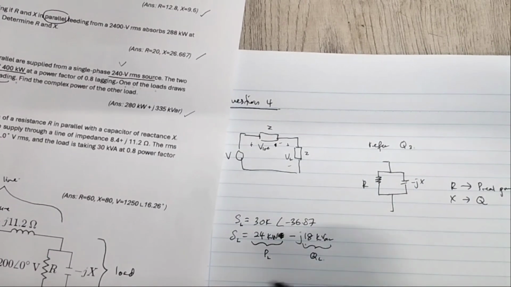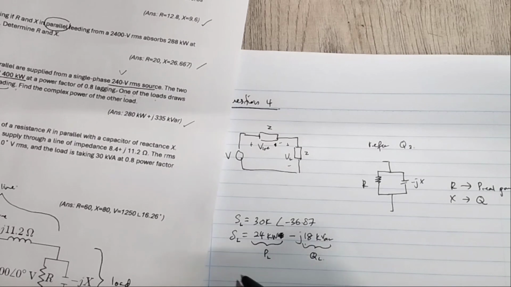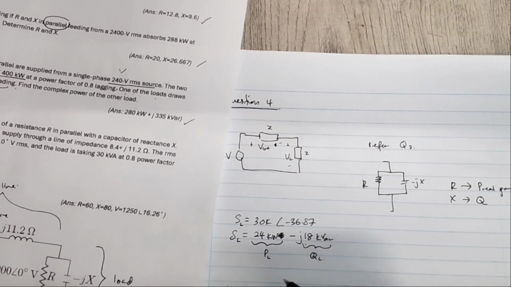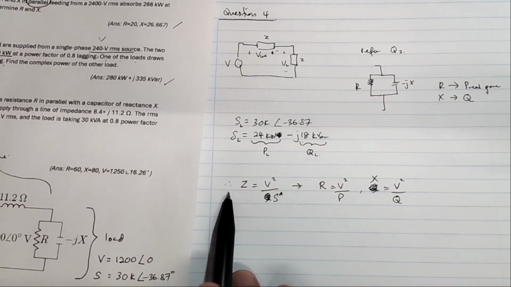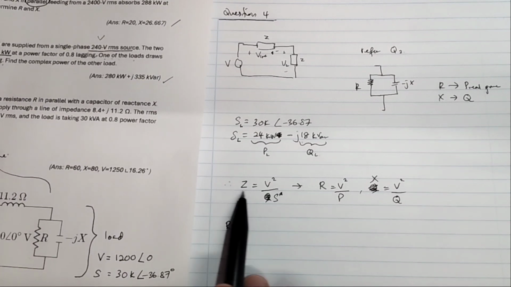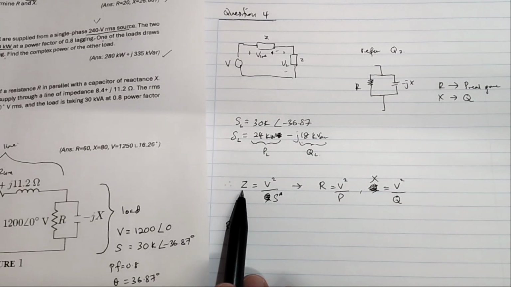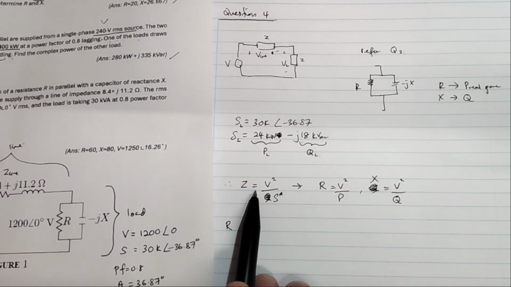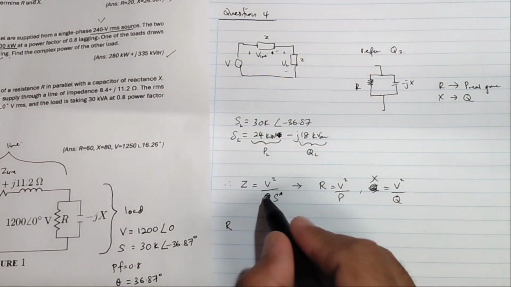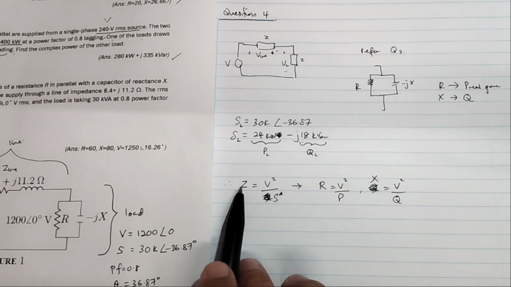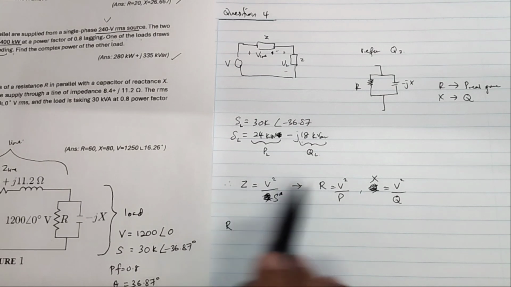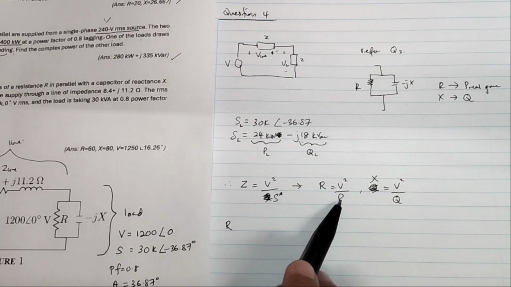So checkkan value dia. So from apa nama, okay, saya ulang balik. Tak nampak tadi kan. So saya ulang balik. Z equal to previous formula, V square divided by S conjugate. So in terms of R, Z ni R, so S tu adalah real power.